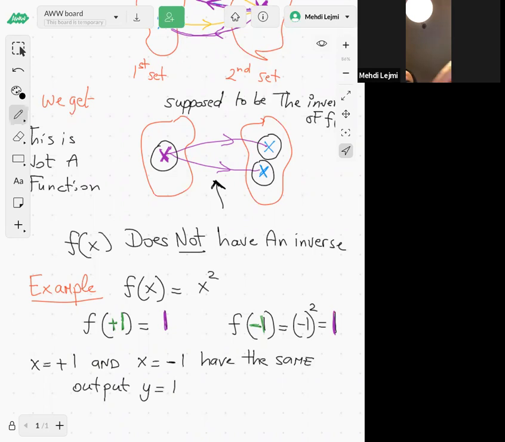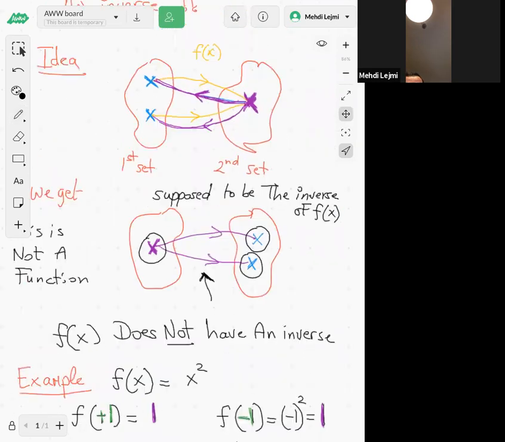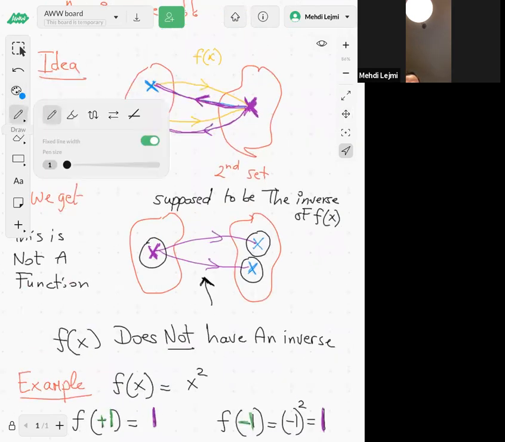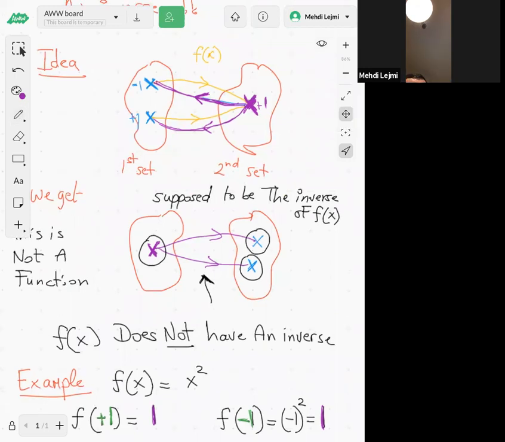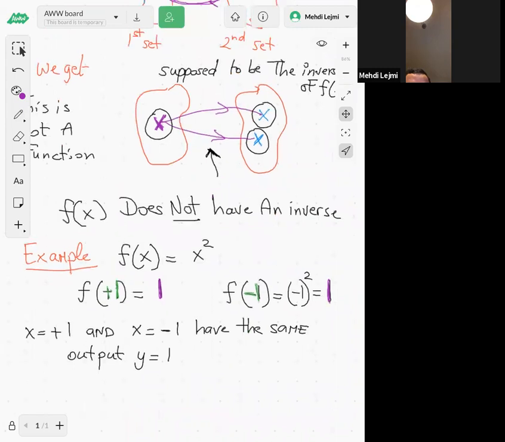So that's exactly like here in this situation, right? I have, let's say, this is -1, this is +1, and both have the same image, which is +1. So it's okay for a function to have inputs with the same outputs. Okay.